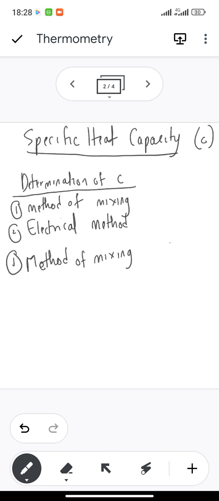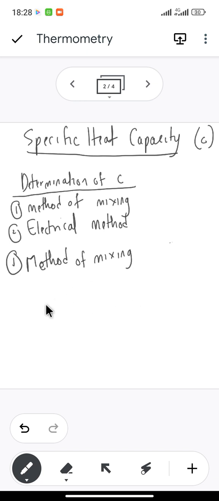Then if you leave it for some time, you find out that the small metal rod has lost heat. You understand? The temperature will reduce a little bit. Then you also observe that the water will increase in temperature.